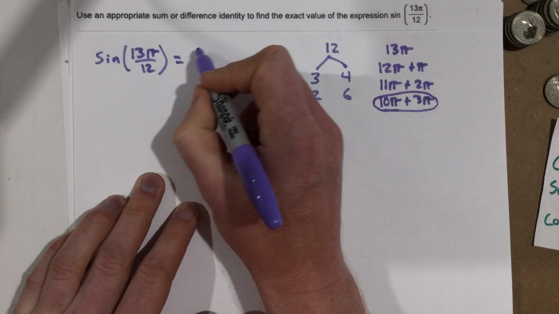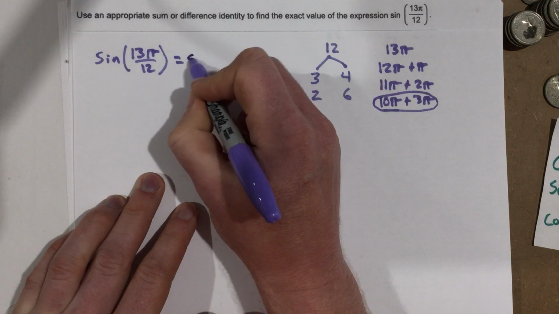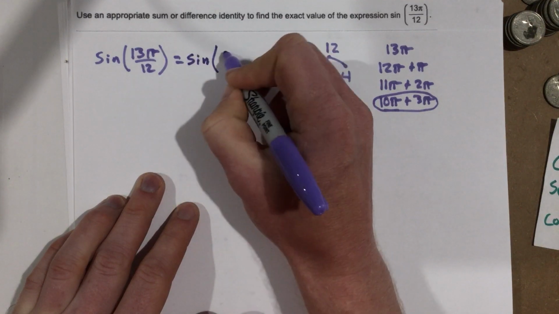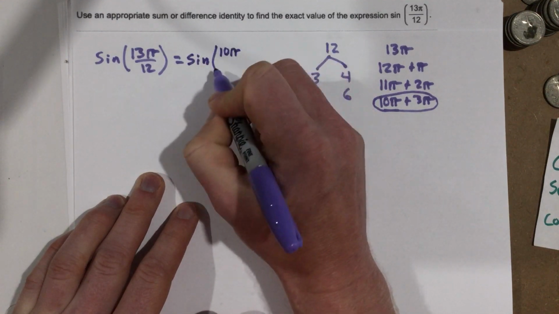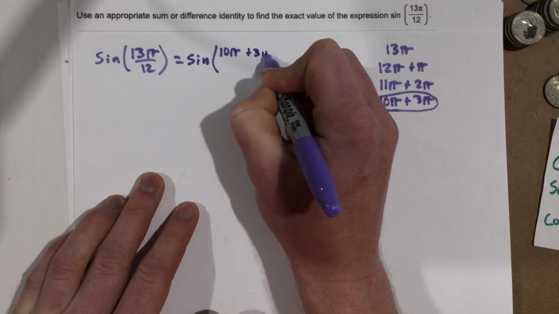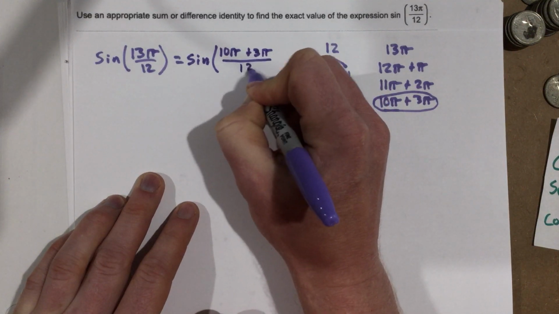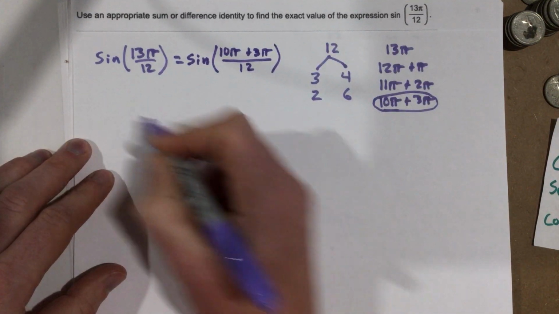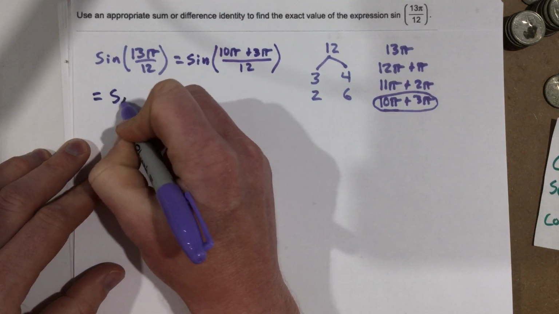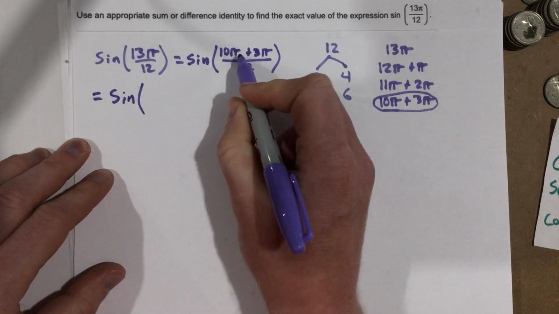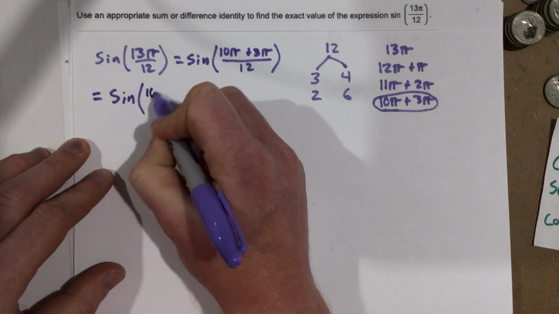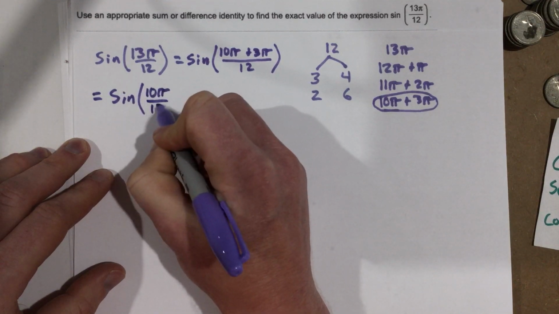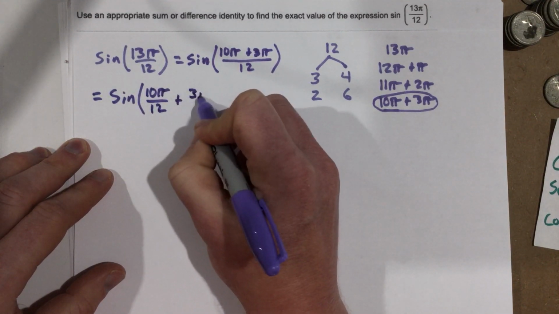So I'm going to split that 13 to sine of 10 pi plus 3 pi over 12, which is going to give you sine of 10 pi over 12 plus 3 pi over 12.